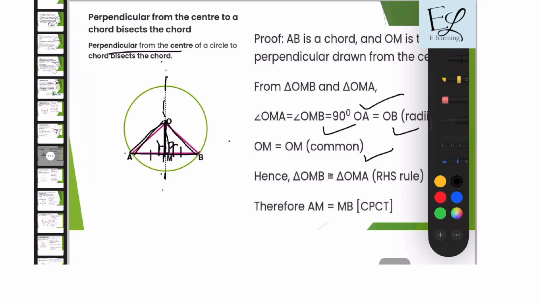Now these two triangles are congruent by which property? RHS, right? Here the perpendicular part. Therefore by CPCT, once you have proved the congruency of two triangles, you can say corresponding sides and corresponding angles will be equal. We had to prove that the perpendicular bisects the chord.